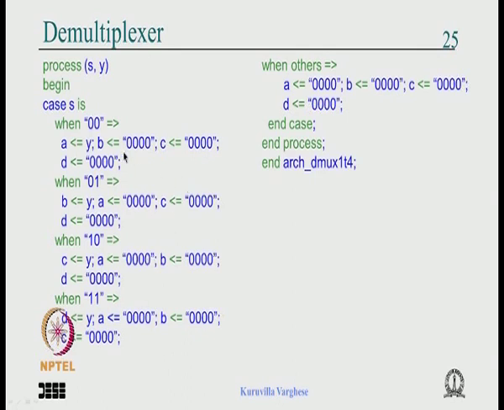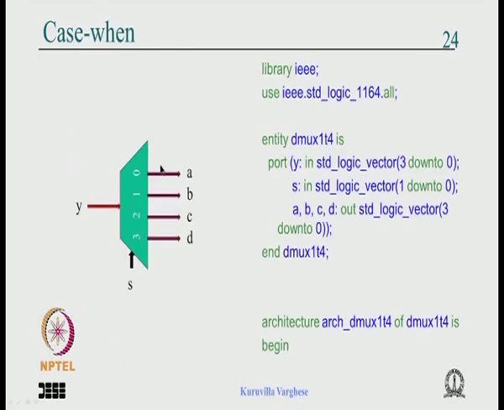some students think inactive means tri-state, and they tri-state it. It's a very dangerous thing to tri-state it, because you have a single output which is going to many inputs. If you tri-state it, it means that these lines are floating.